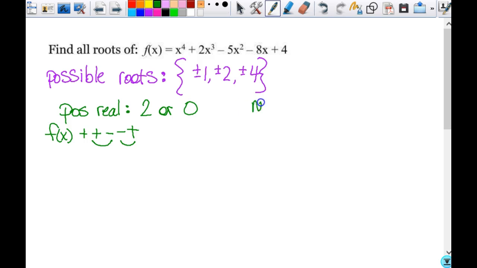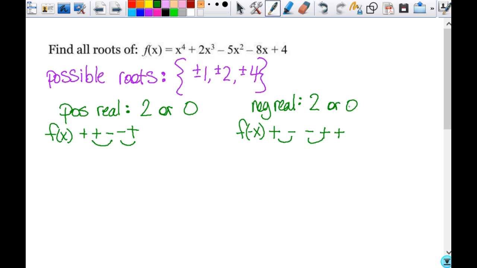Then my negative real roots, when I look at f of negative x. So my first term, would my first term be positive or negative? Positive. The second one would be negative, then positive, then positive, right? How many sign changes is that? 2. So then here it's 2 or 0.